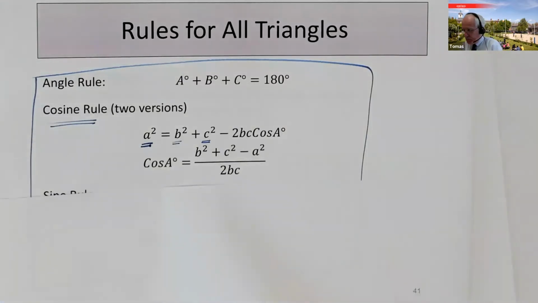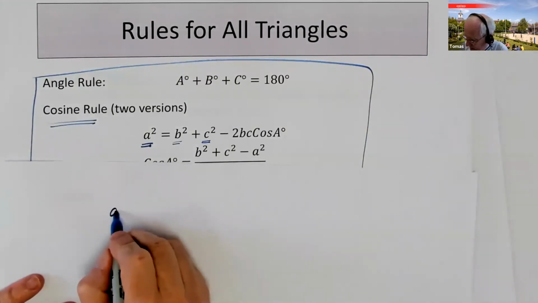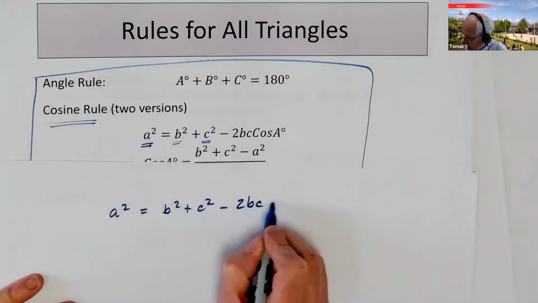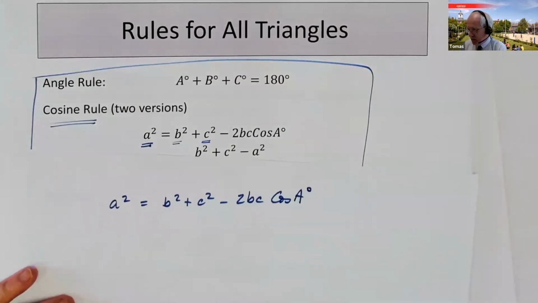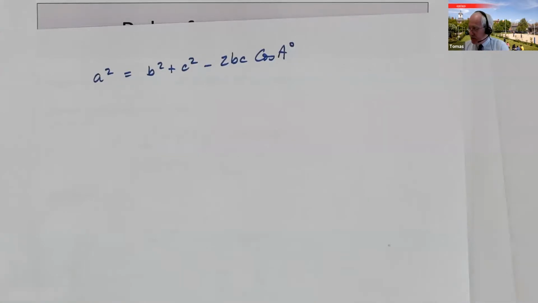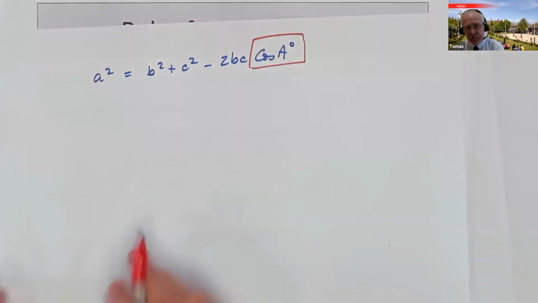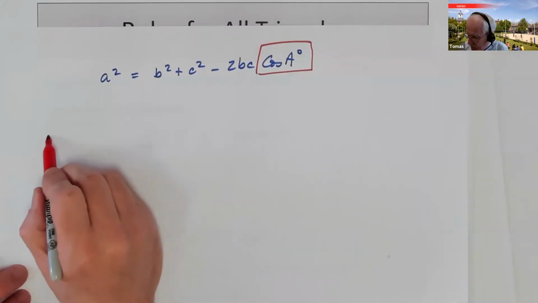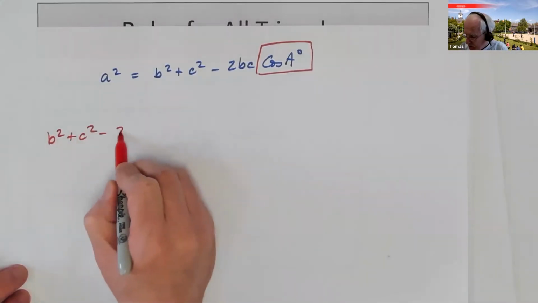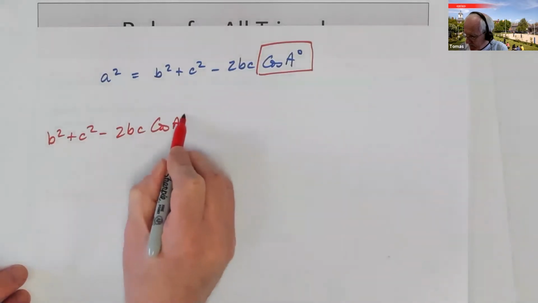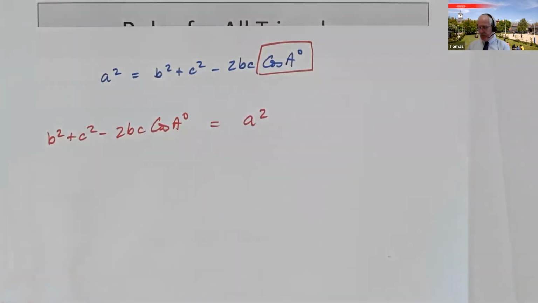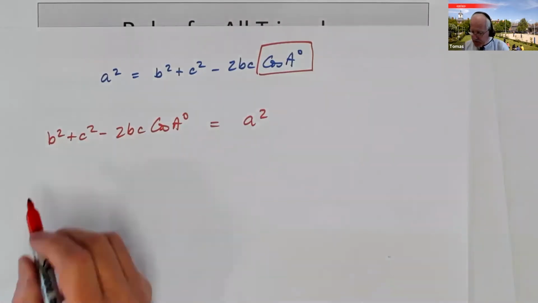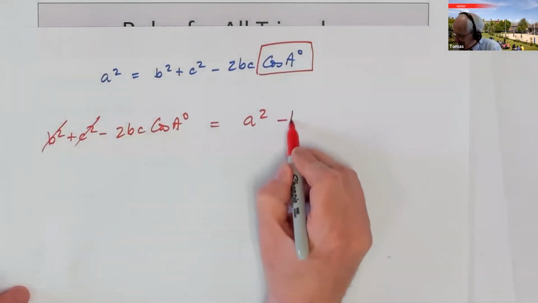And just to give us some practice showing how things work out, a squared is equal to b squared plus c squared minus 2bc cos a. So just manipulating equations, just imagine you were just interested in the cos a. You would like that to be on the left hand side. So you say b squared plus c squared minus 2bc cos a is equal to a squared. You don't like the b squared plus c squared here, they're pluses, so you get rid of them and make them minuses.